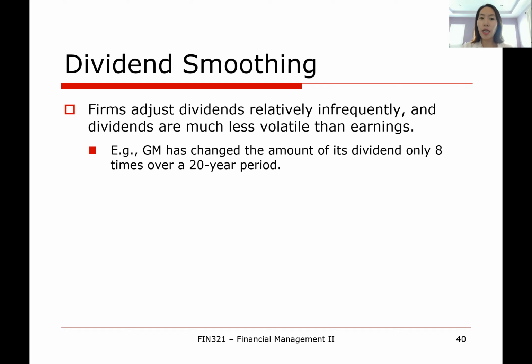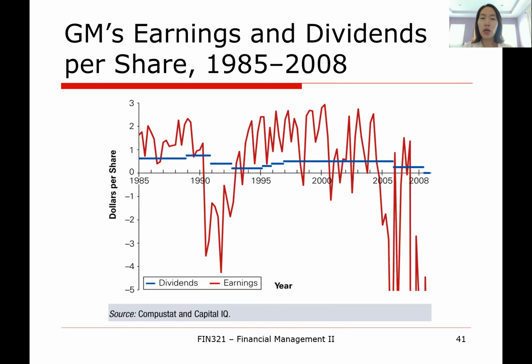So let's take a look at GM's past 20-year dividend history and its earnings history. In this chart, we are seeing GM's earnings and dividends per share history from 1985 through 2008.